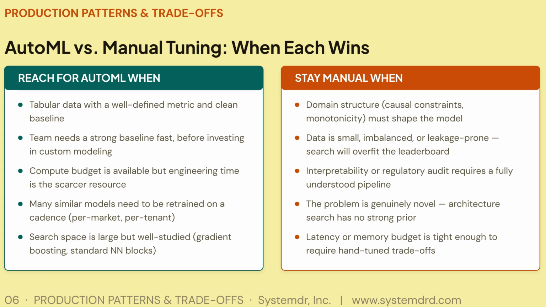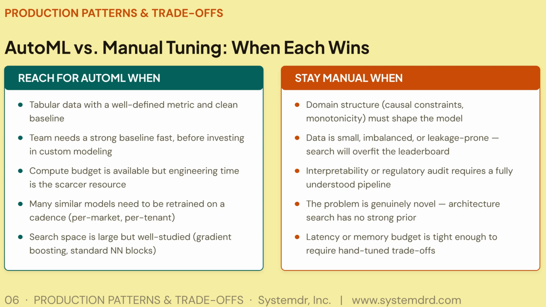Stay manual when domain structure, causal constraints, or monotonicity requirements need to directly shape the model. When your data is small, imbalanced, or prone to leakage, because search will happily overfit to the leaderboard in those conditions. When interpretability or a regulatory audit requires a pipeline your team fully understands, not just a winning configuration.